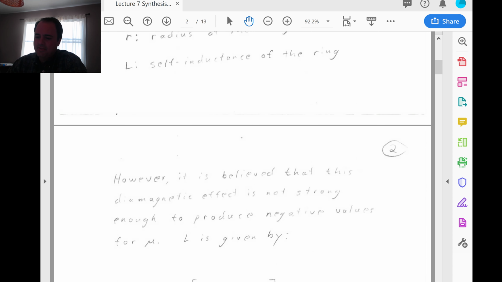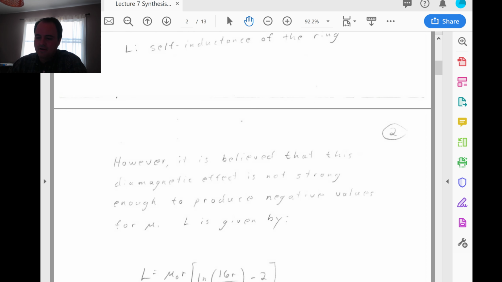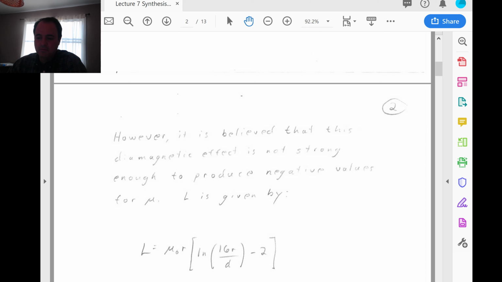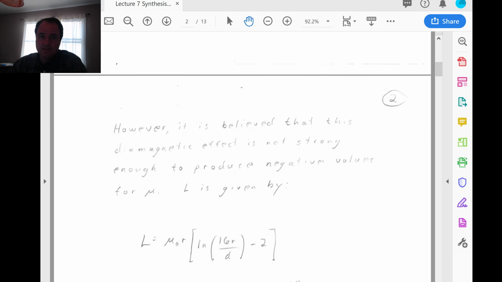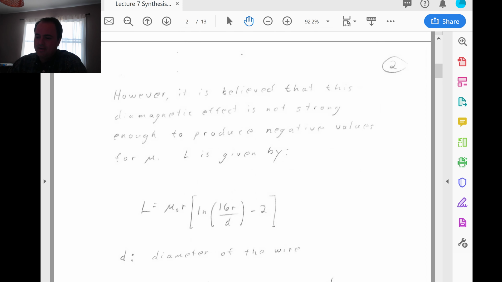However, it was believed that this diamagnetic effect is not nearly strong enough to produce negative values for the magnetic permeability mu, because the self-inductance for the ring is given by this. And I may have you derive this for a homework problem.